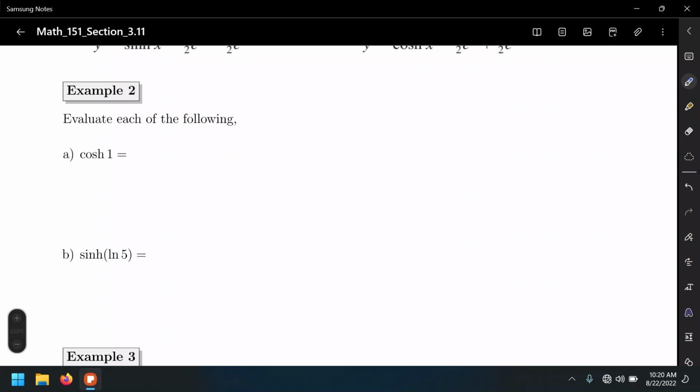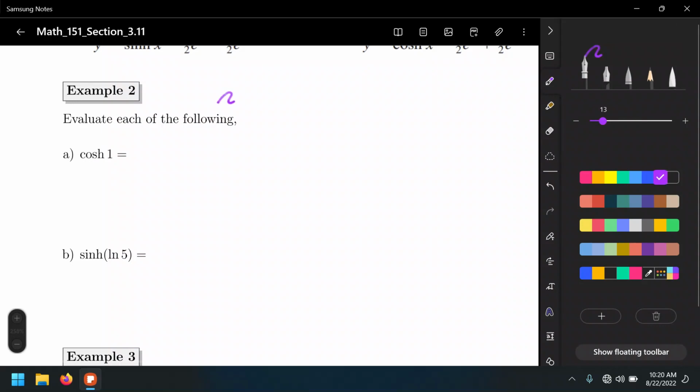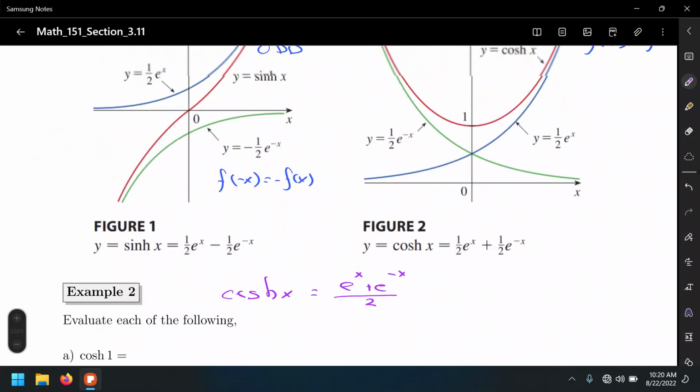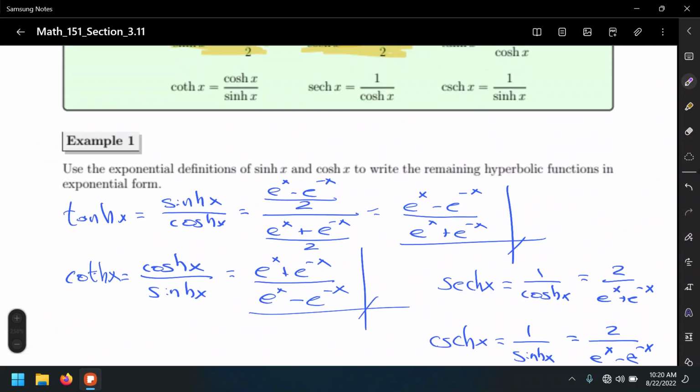So we know from the definition that cosh x is e to the x plus e to the negative x over 2, right? So let me go back to the definition.